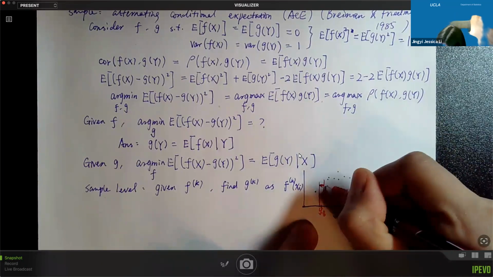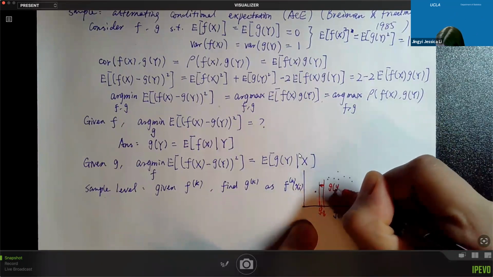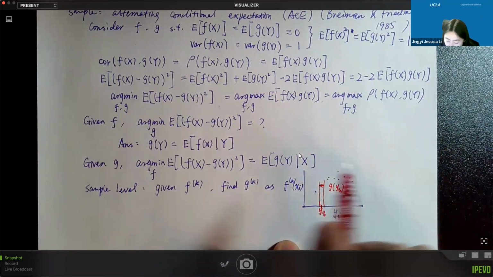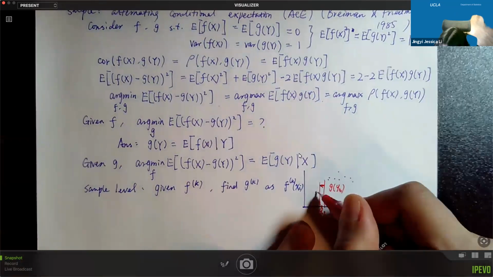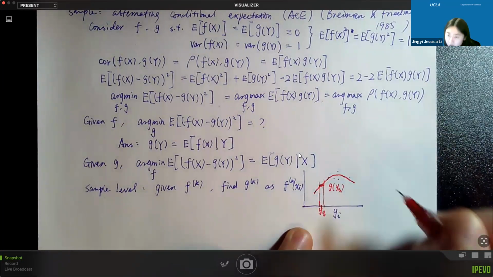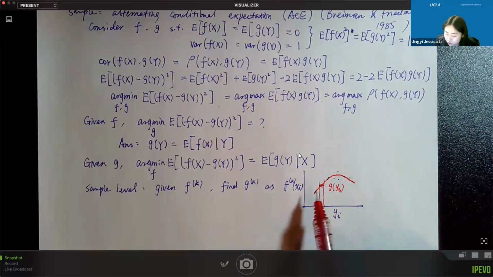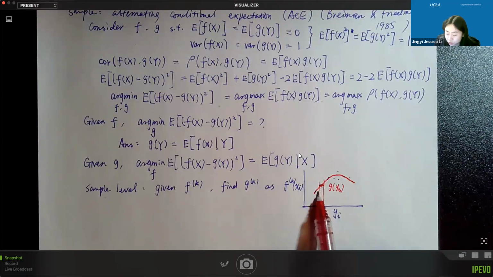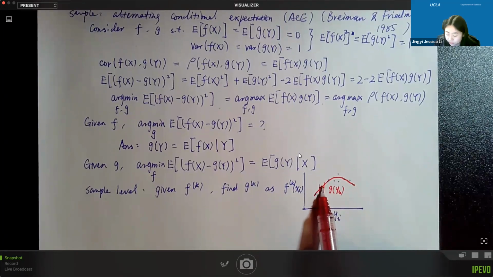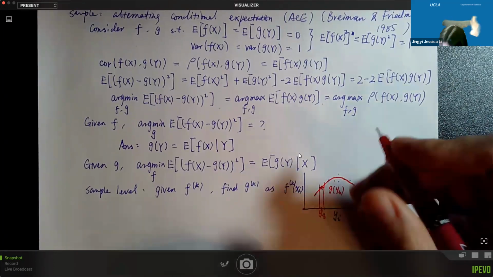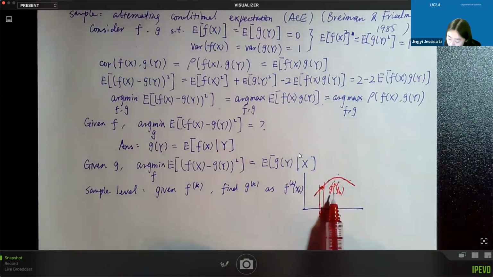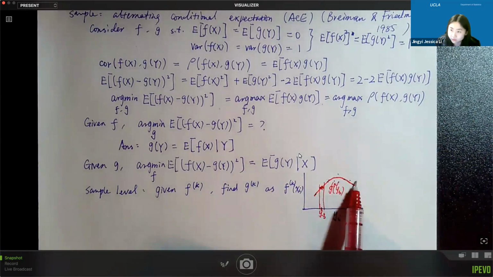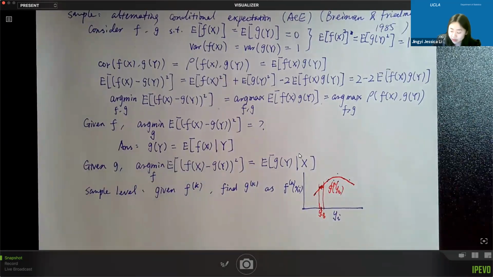Then this will be g(y_3). You do that for every point. Essentially, it's a smoothing problem. You want to find a nonlinear regression line through the scatter, and for every y_i, you find its local average, the local average for its prediction. That's what you're going to predict as g_k(y_3). So you do that for y_1, y_2, y_3, y_4, y_5, and so on to y_n. So you will get the g_k's. Those are the transformed values.